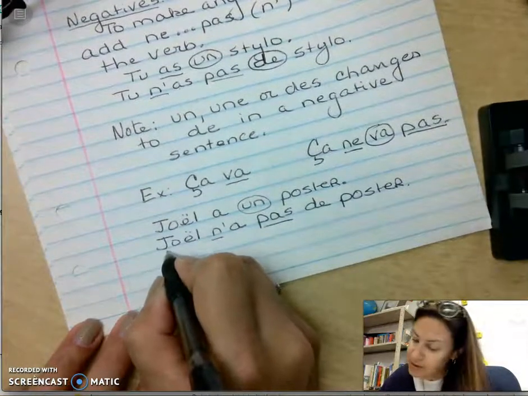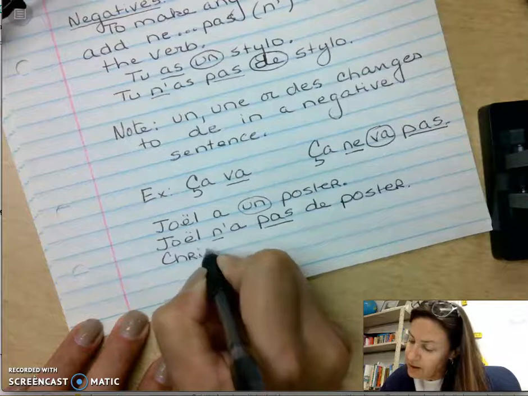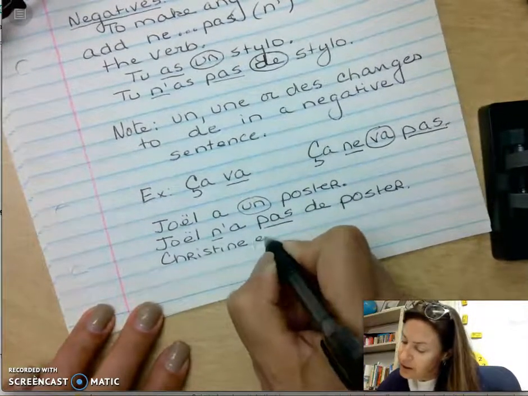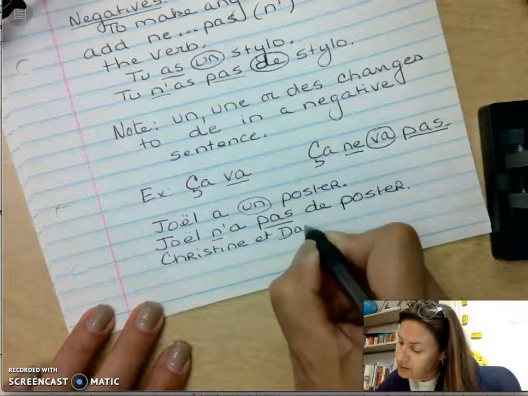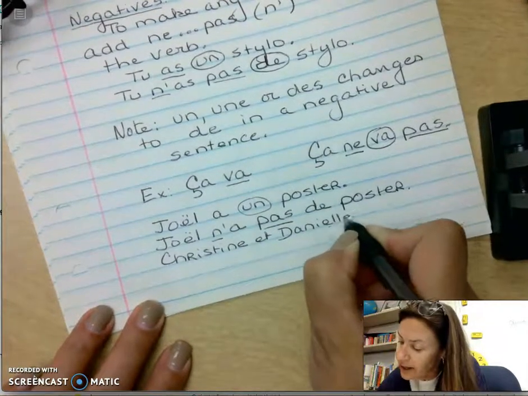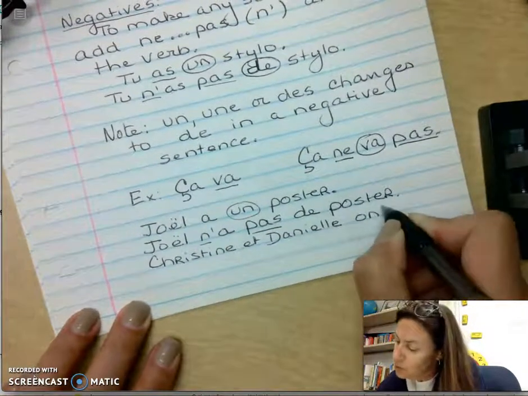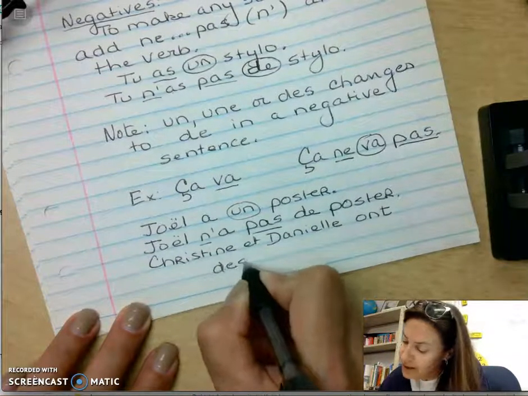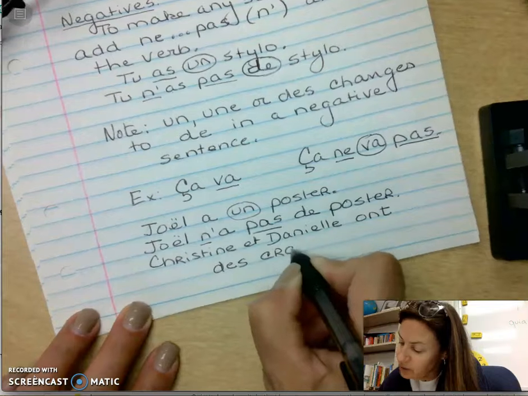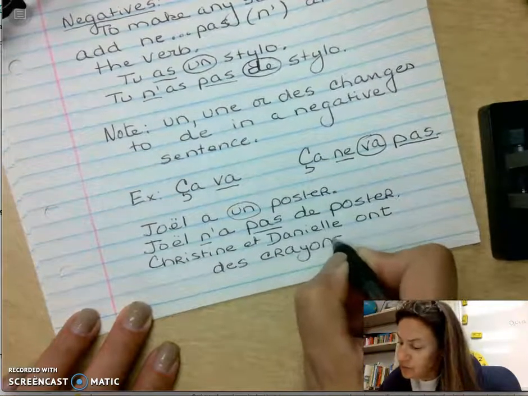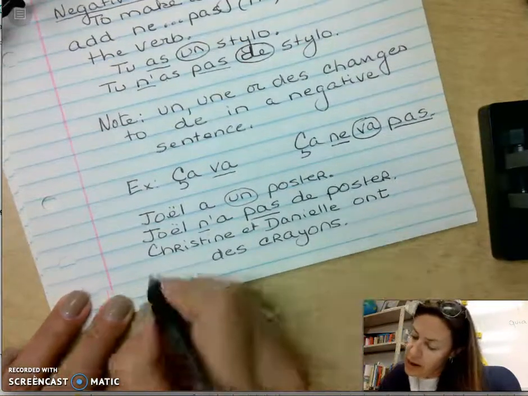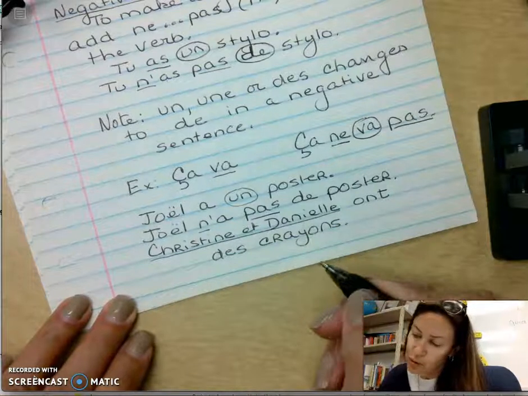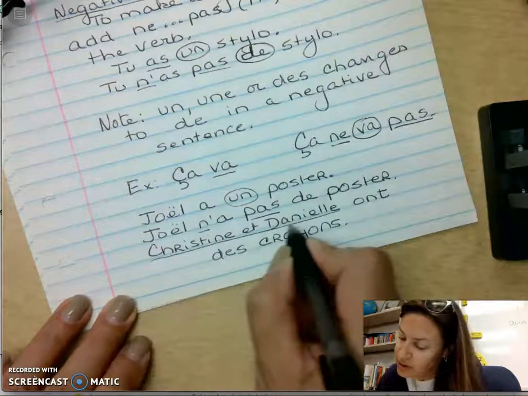One more example. Christine et Daniel ont des crayons. And we're going to switch this to a pronoun just because it'll shorten the sentence a little bit.